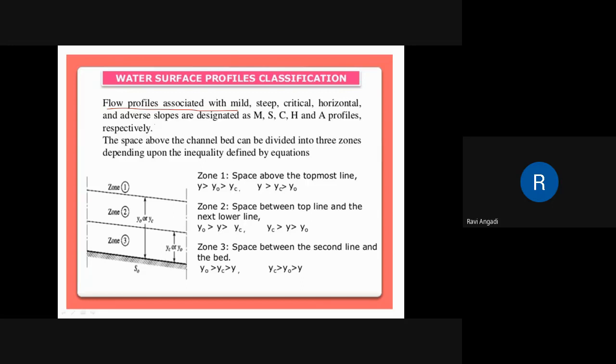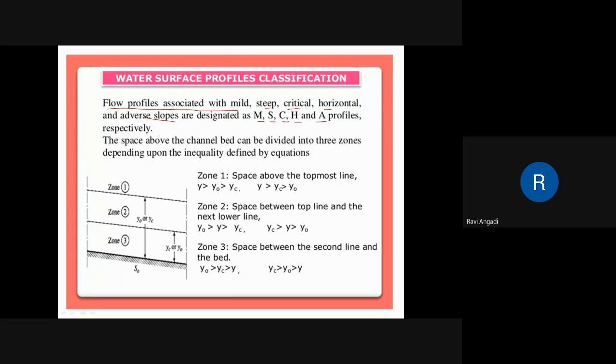Depending upon these channel bottom slopes, the water surface profile can be classified. For the mild, it is represented as M. For the steep, S. For the critical, C. For horizontal, H. And for the adverse slopes, A profiles respectively.